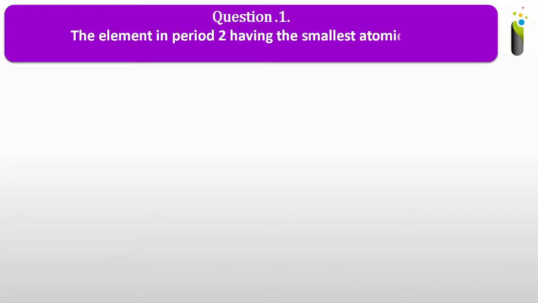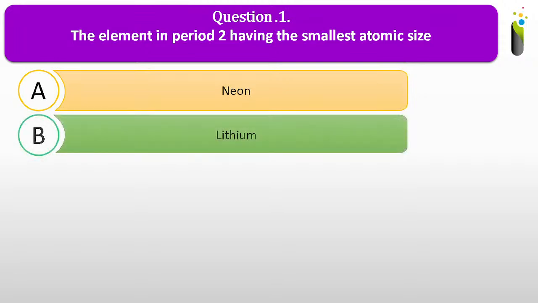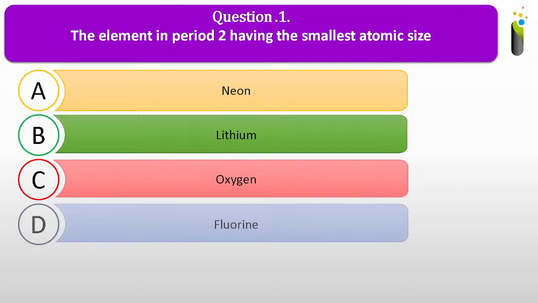The element in period 2 having the smallest atomic size is dash. I repeat, the element in period 2 having the smallest atomic size is dash. A. Neon, B. Lithium, C. Oxygen, D. Fluorine.